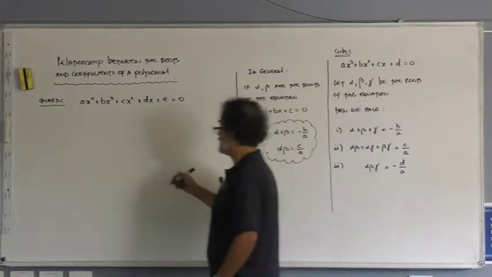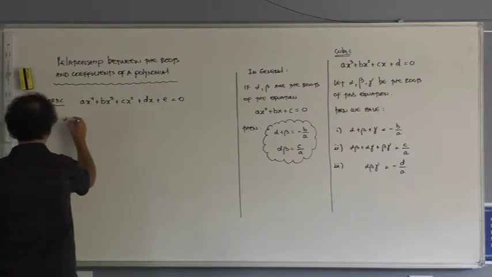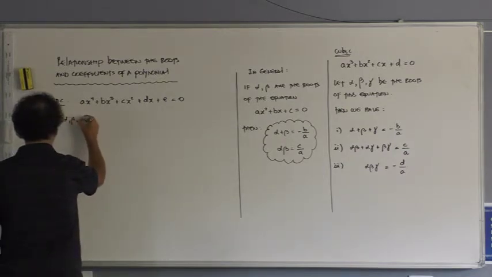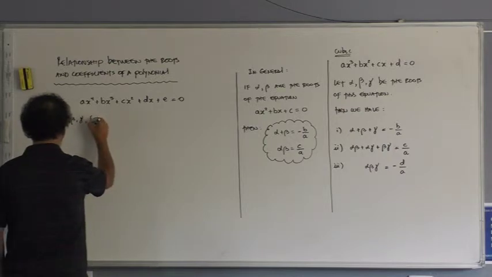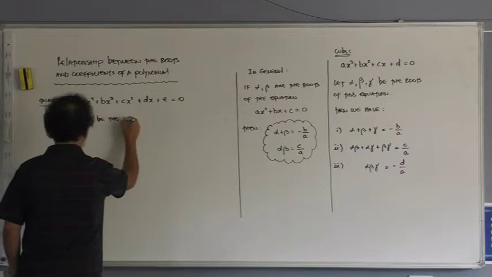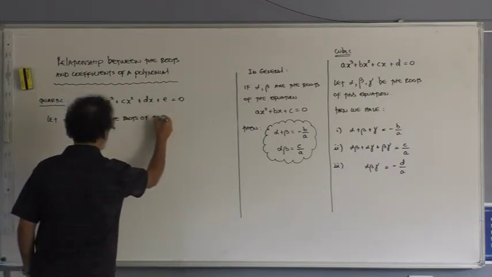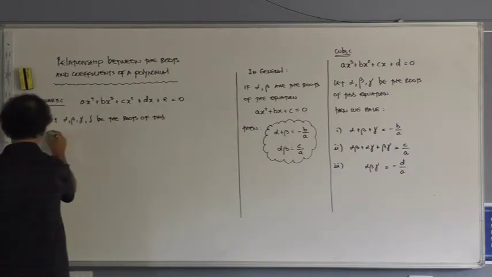So we're going to say, let alpha, beta, gamma, delta be the roots of this equation.